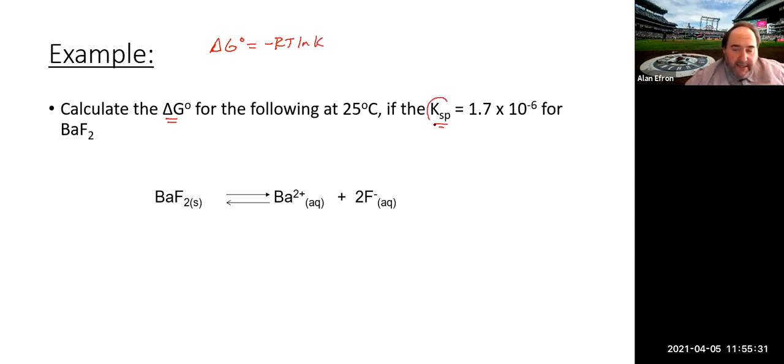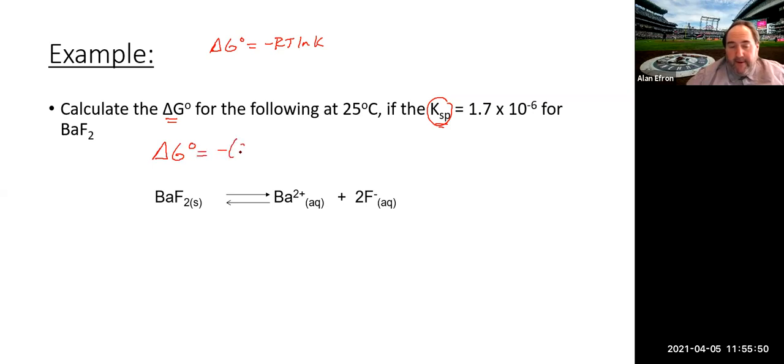It doesn't matter if it's a KSP versus a KP versus a KC. Hopefully at this point you would know the answer is no, they're all equilibrium constants. So in this case, we pretty much have everything we need. We just got to plug it in.